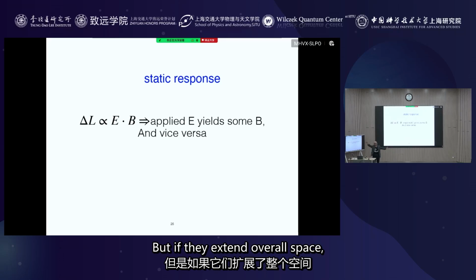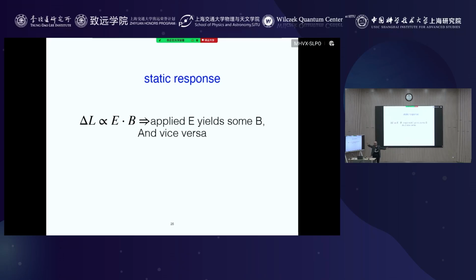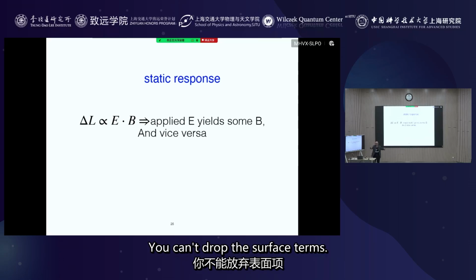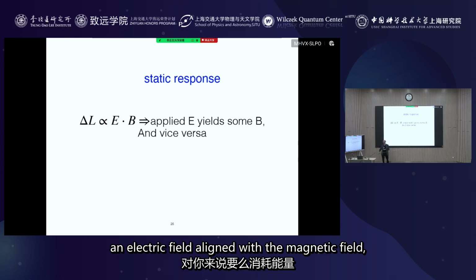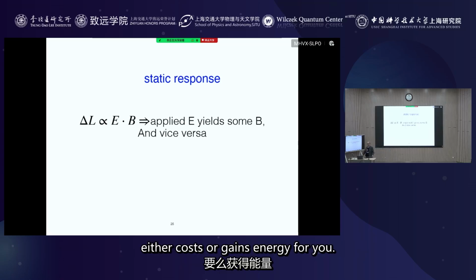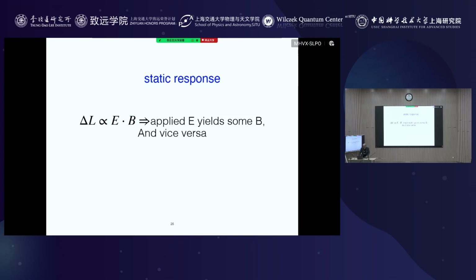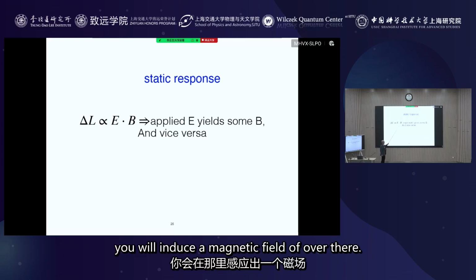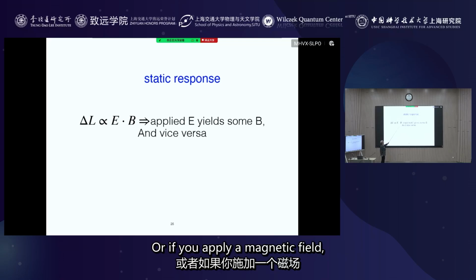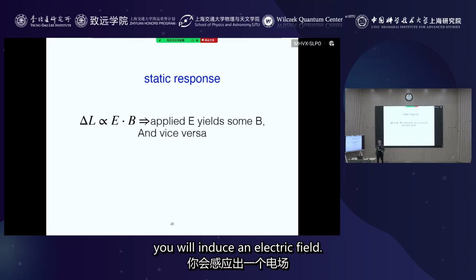But if they extend over all space, you look at the derivation there, you drop surface terms. You can't drop the surface terms, and having an E dot B term means that having an electric field aligned with a magnetic field either costs or gains energy for you. And that means that if you apply an electric field, you'll induce a magnetic field, to lower the energy. Or if you apply a magnetic field, you'll induce an electric field.